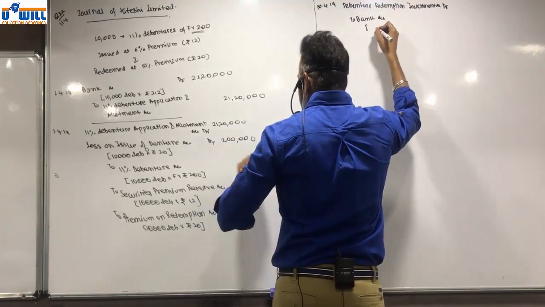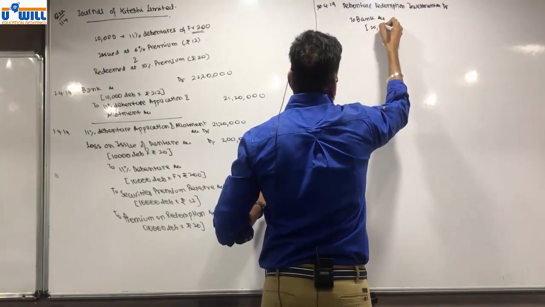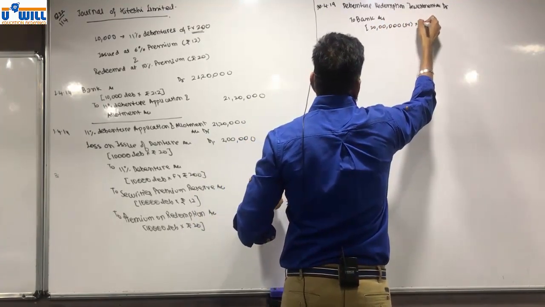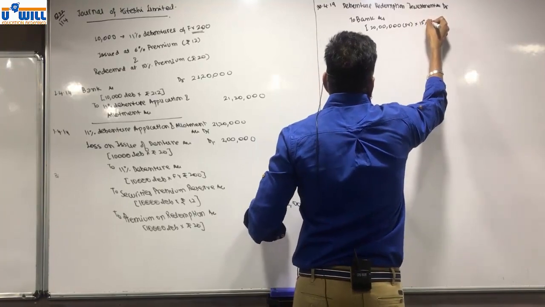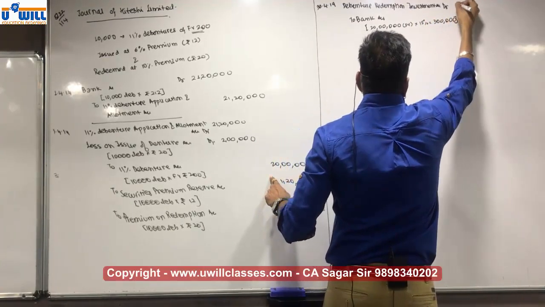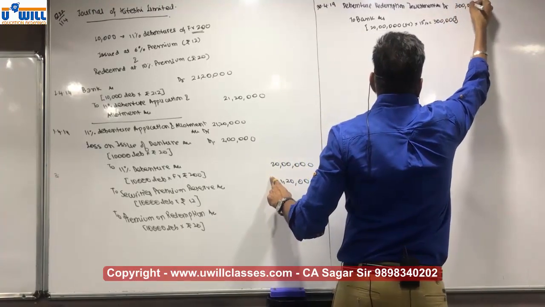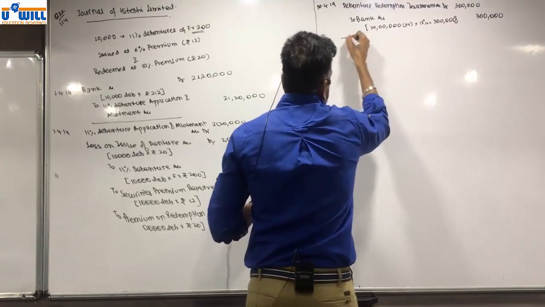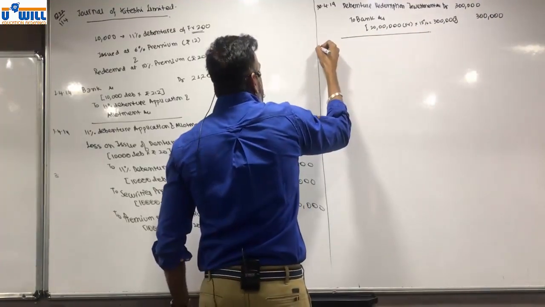What is the face value of debentures? 20 lakhs. 20 lakhs is the face value into 15%, which is equal to 3 lakhs.